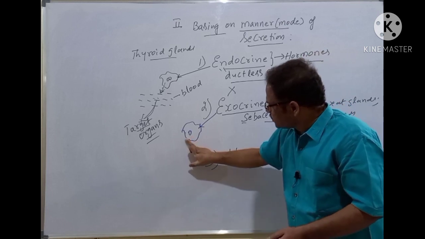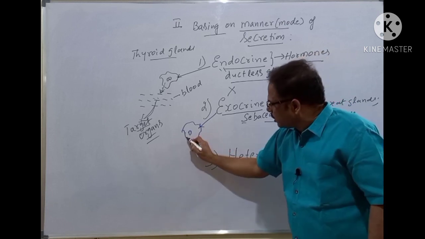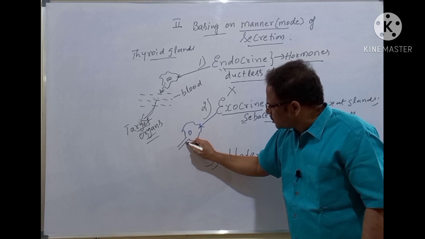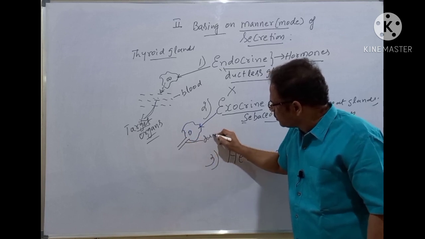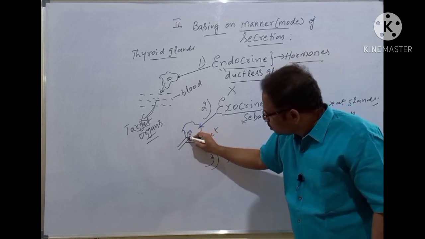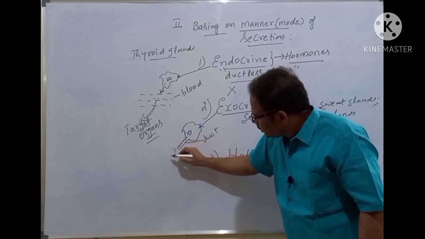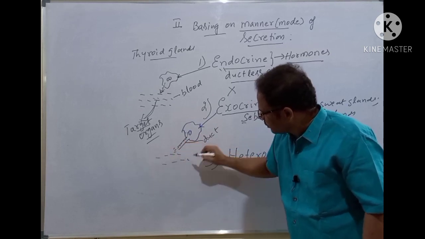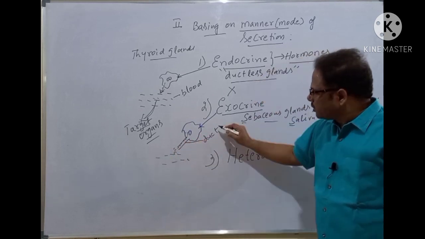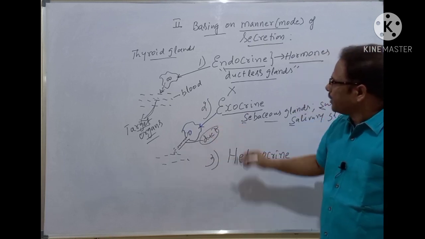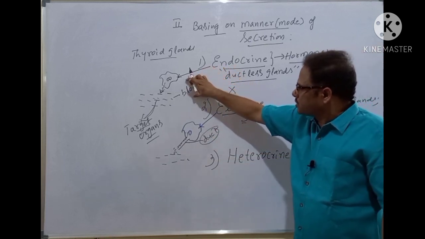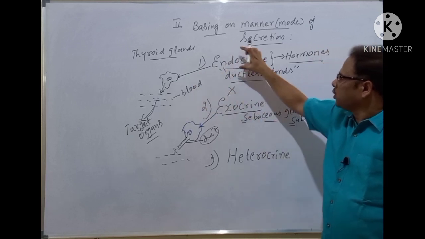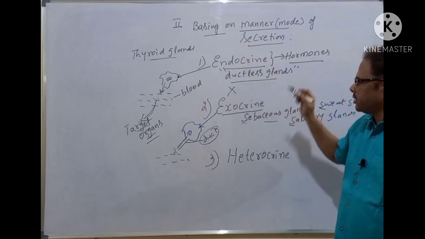A small tube-like structure is there. This is called the duct. Through these ducts, the secretions are released. In this way, the ducts are present, whereas ducts are absent in the case of endocrine glands. That's why endocrine glands are called ductless glands.